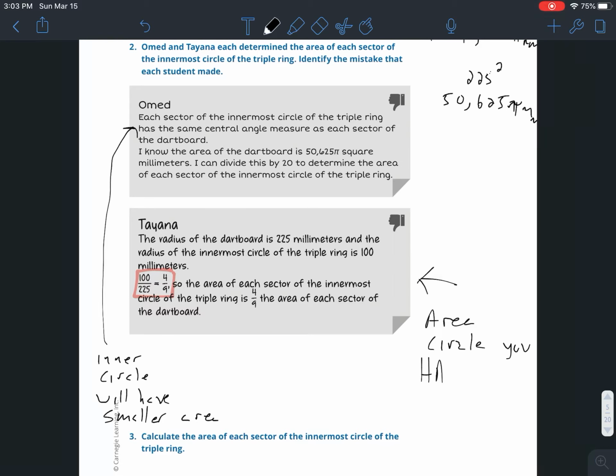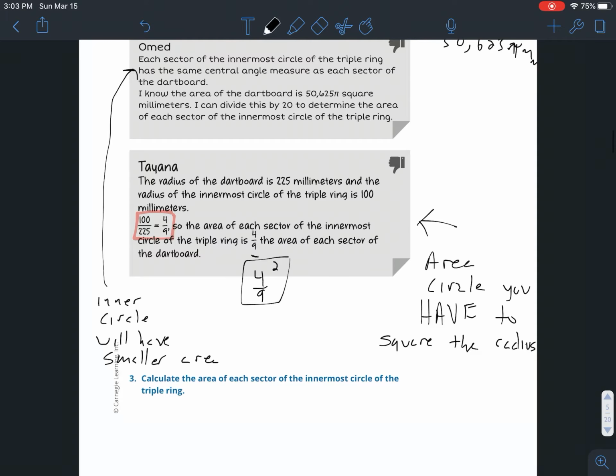I write it in big bold letters so you see it. Sorry if my writing's not the greatest. I'm zoomed out so you guys can see both. But here, instead of just being 4/9, it should be 4/9 squared to solve the answer. That's where she was wrong on this.